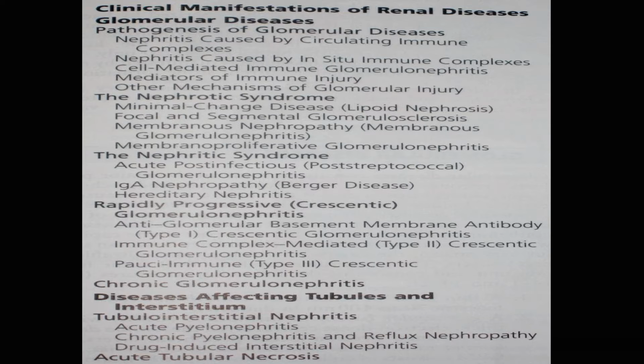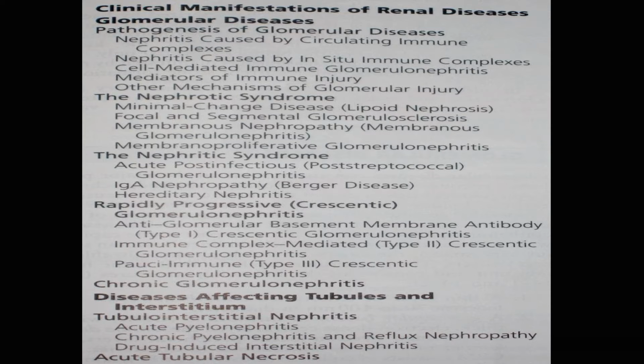Clinical manifestation of renal diseases, including glomerular disease, for example, pathogenesis of glomerular disease, the nephrotic syndrome, the nephritic syndrome, and a rapidly progressive process.